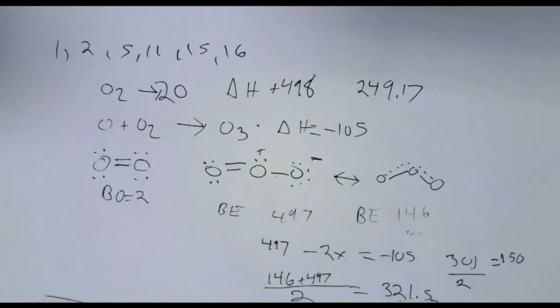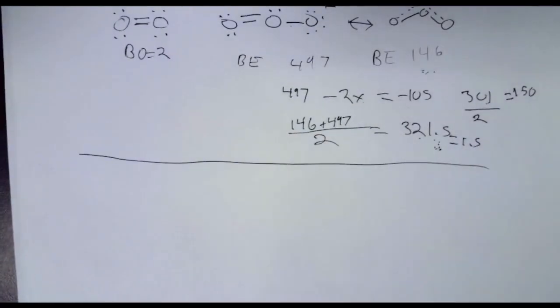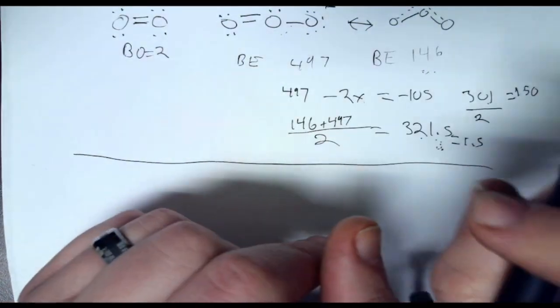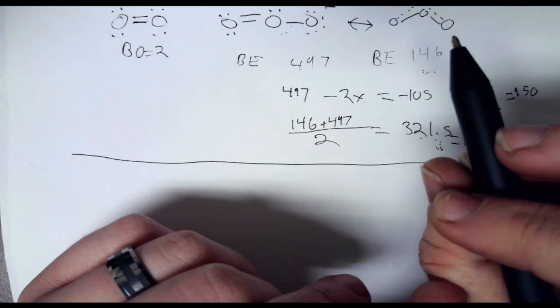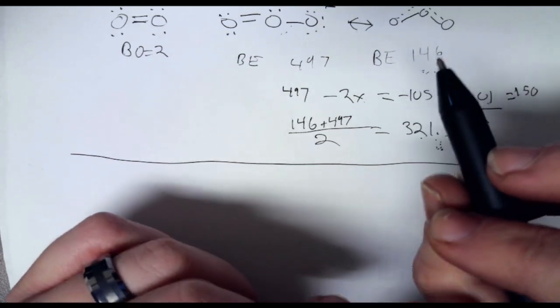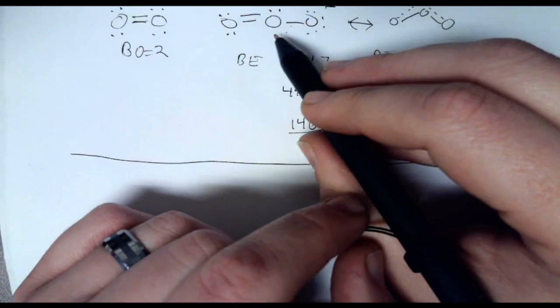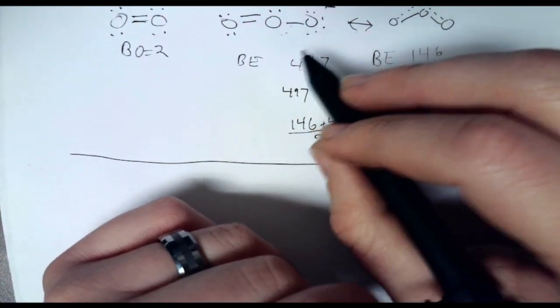But that's why it has the energy it has. It's because it's not quite a single bond, not quite a double bond, even though the Lewis structure shows it drawn as a single bond. I kind of skipped a few steps, but the enthalpy of a double bond is 497.